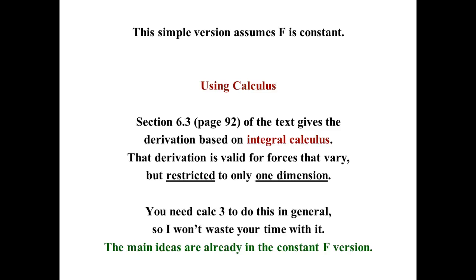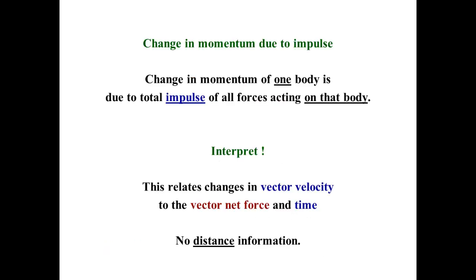The textbook gives a pretty nice derivation based on integral calculus for forces that are restricted to one dimension, that is F of x. I'd recommend that you read it, especially if you've had Calc 1 and are taking Calc 2. But to do the general problem, you really need Calc 3, so I don't really see any point in doing this, especially because those of you in Calc 1 are not going to follow it in any case.